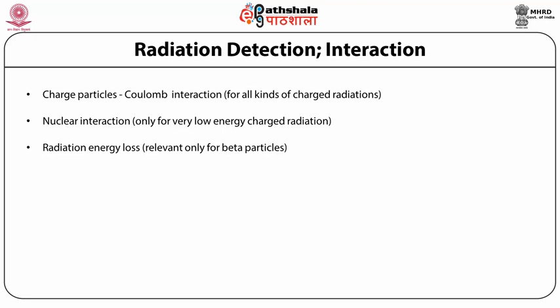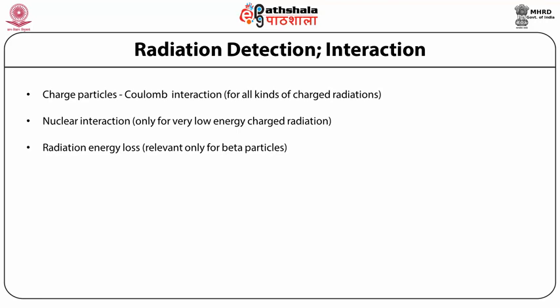So there is a continuous change of direction of electrons in the medium, because of which the electrons are always in accelerated motion, and because they are energetic, they lose energy in the form of Bremsstrahlung radiation. So radiation energy loss is another important way of losing energy for charged particles.